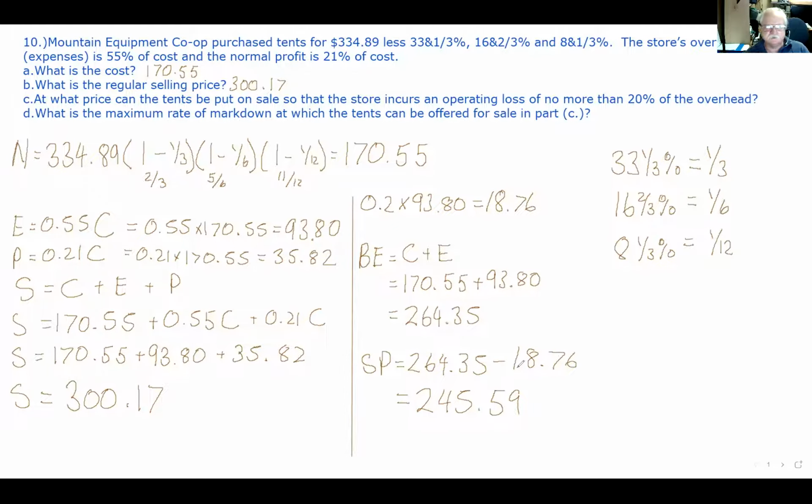So what is the maximum rate of markdown at which the tents can be offered for sale? So here we're back to setting up the list, the net, the difference, and then the rate, which is the difference over the list.